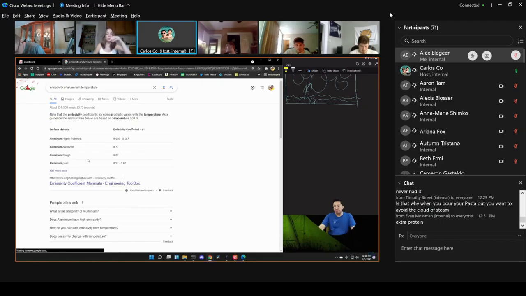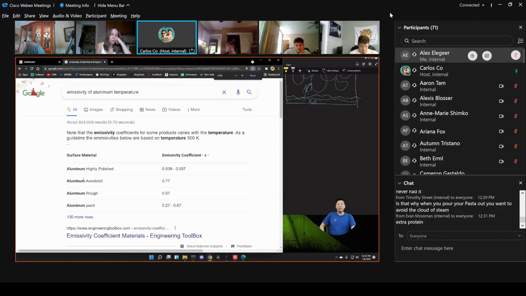If you have a highly polished aluminum, like aluminum foil, your emissivity is pretty low, say 0.04, 0.05. But if you have anodized aluminum, do you know what anodized aluminum is? It really just has aluminum oxide on the surface, so it's black. Most anodized aluminum is black because it's no longer aluminum, it's aluminum oxide on the surface. The emissivity goes up to about 0.77.